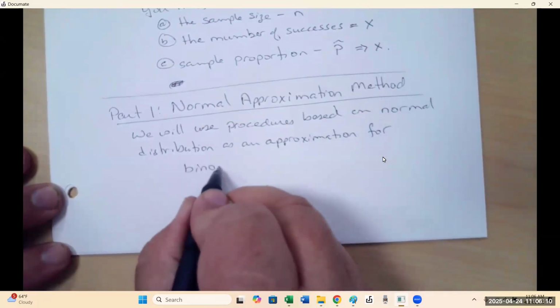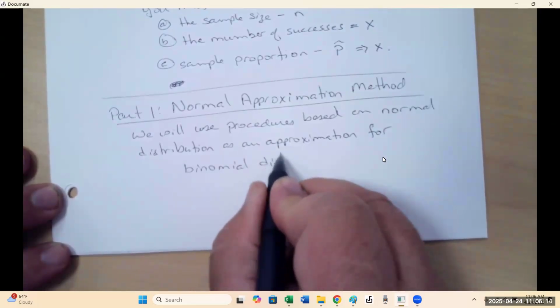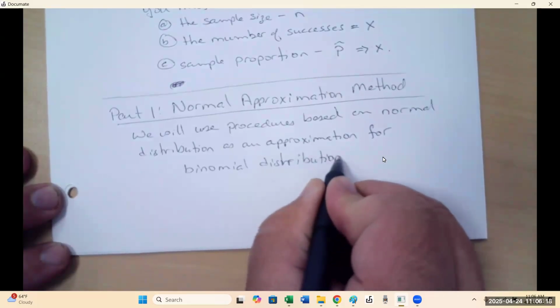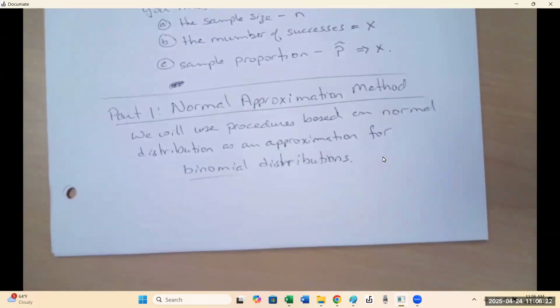For binomial distributions. Why are they binomial distributions? What does that refer to? What is a binomial distribution?